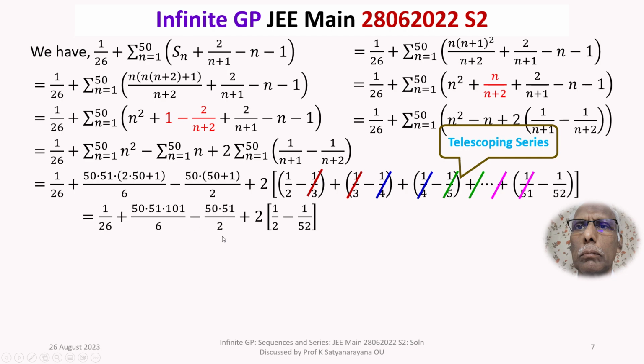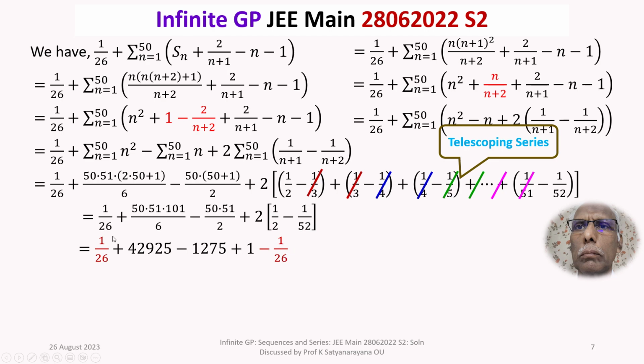minus 50 into 51 by 2, plus 2 times the first term 1 by 2 minus the last term 1 by 52. And this is 1 by 26, and this one we have simplified, that is 42,925 minus 1275, 2 into 1 by 2 is plus 1, and 2 into minus 1 by 52 is minus 1 by 26.